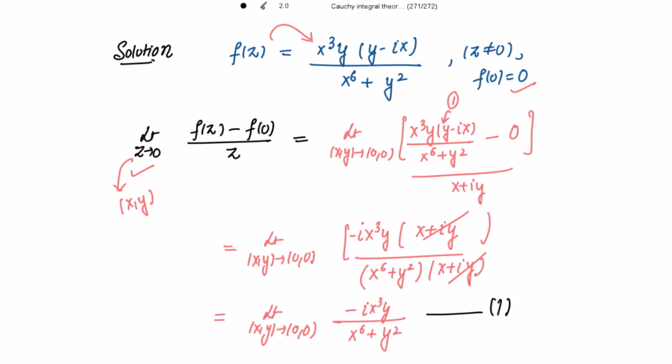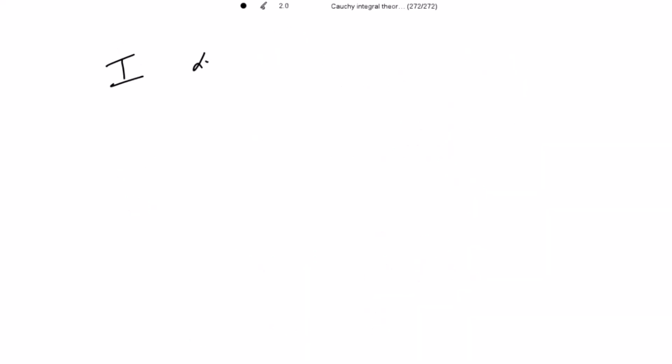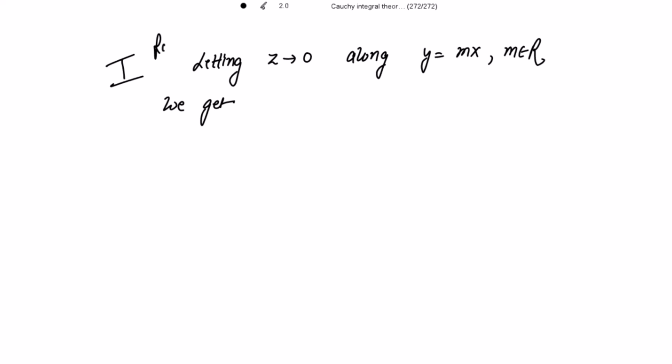And now let's take this limit along the radius vector. So letting z tending to 0 along the radius vector, I'm taking y equal to mx, where m belongs to the set of real numbers. Then we get, this is along the radius vector.